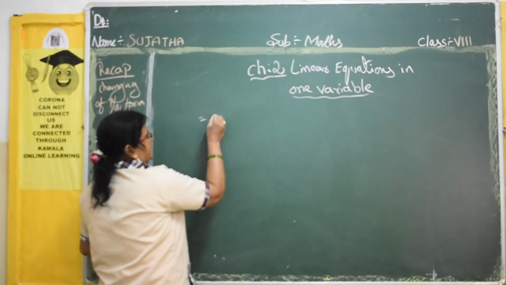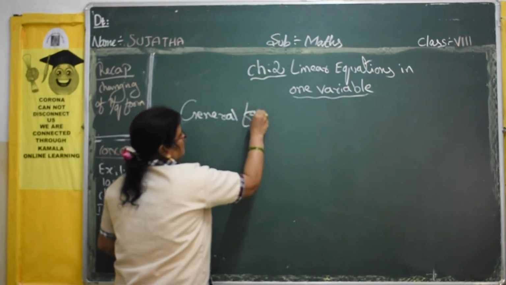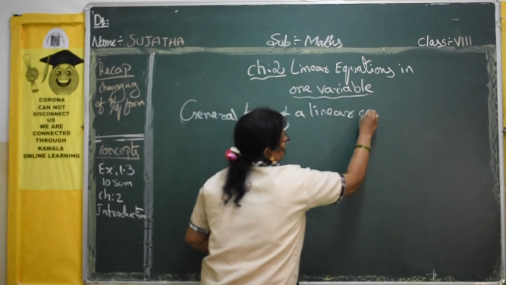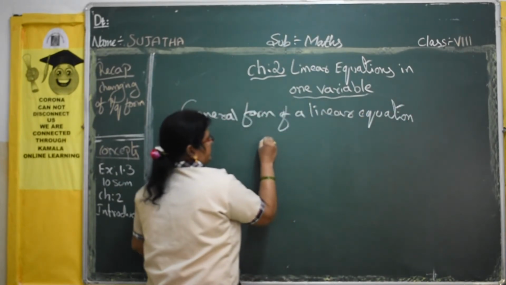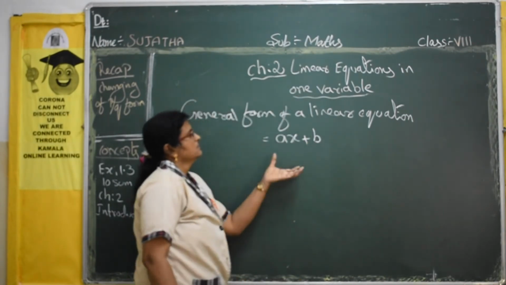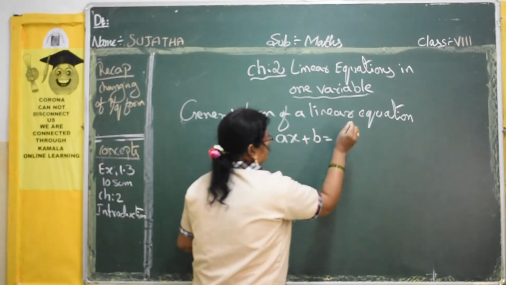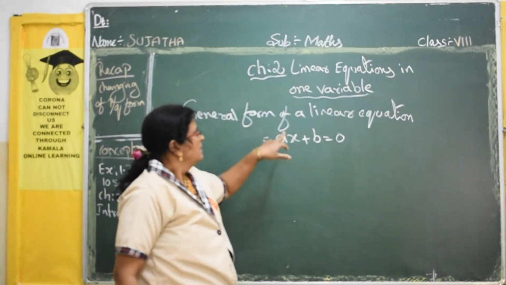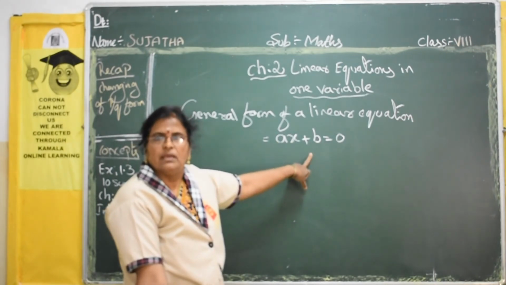The general form of a linear equation is ax plus b is equal to 0.